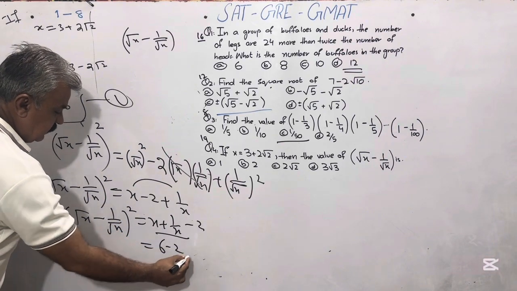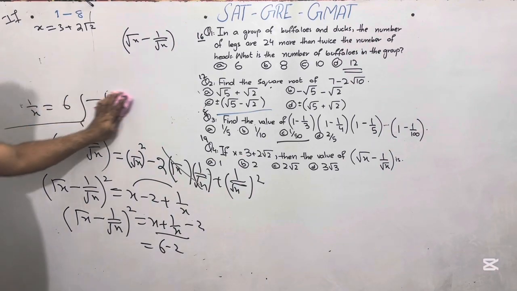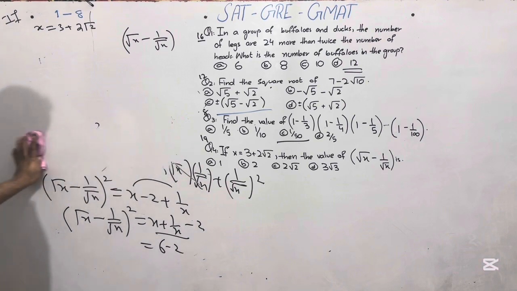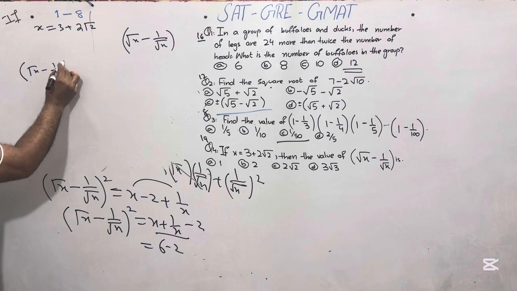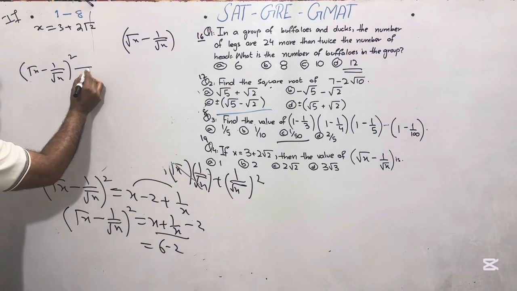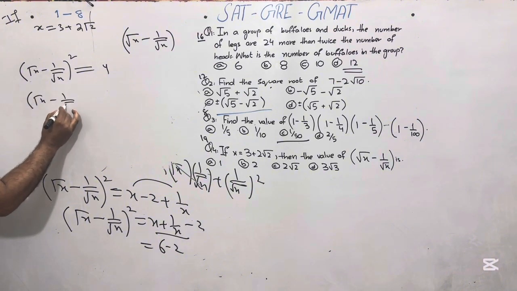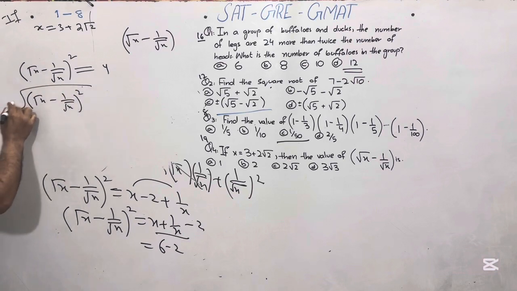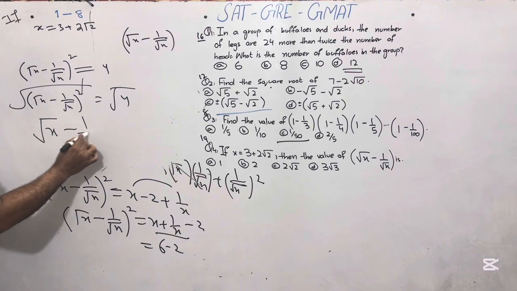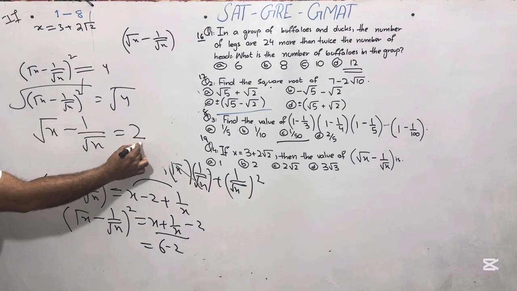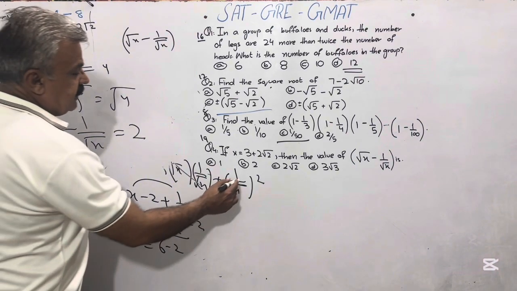That is 6 minus 2, which is 4. Taking the square root on both sides, the square and the root cancel, and we have root x minus 1 over root x equal to 2. That's our answer.